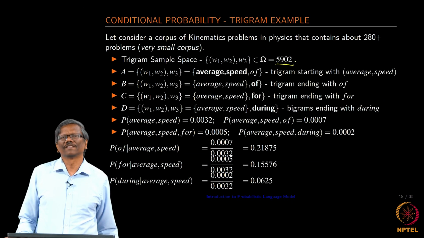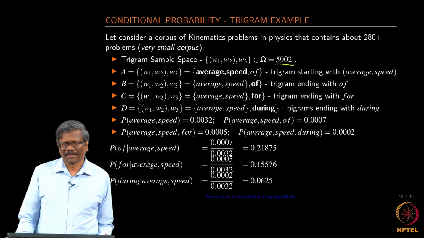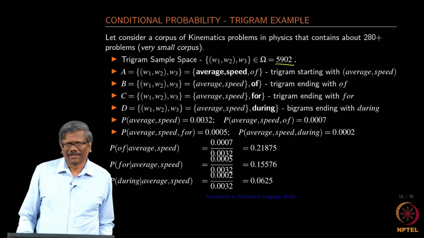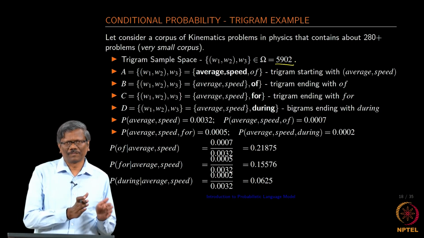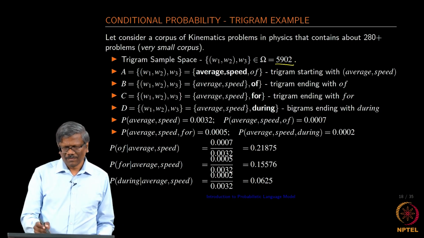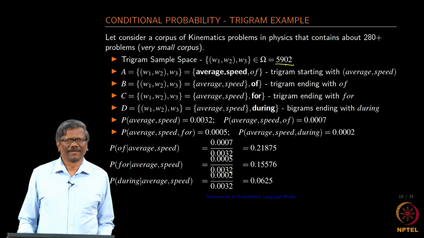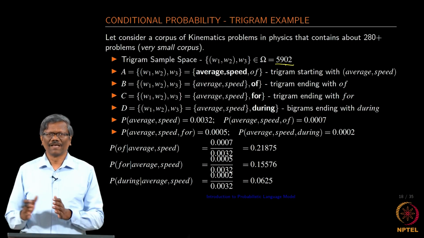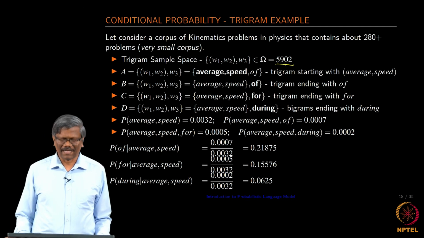So, now in this case it is 5902. So, as you increase the gram from 2 to 3 to 4, the sample space would increase. You also would see that the complexity is increasing slowly as you increase the n gram size.